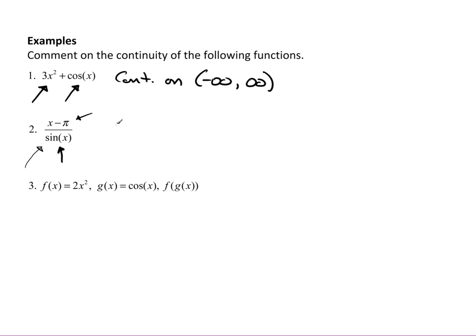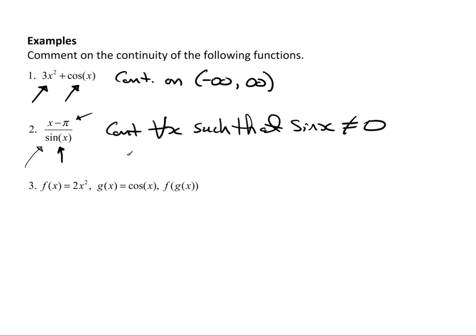So this is continuous for all x such that sine of x is not equal to 0. That means x cannot be equal to 0, pi, 2 pi, and so forth. But it's continuous every place else.